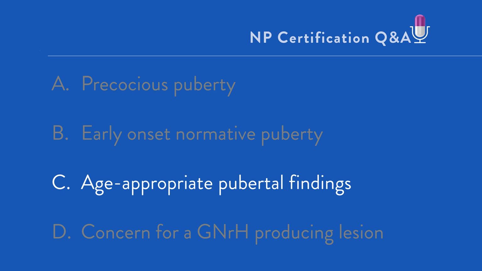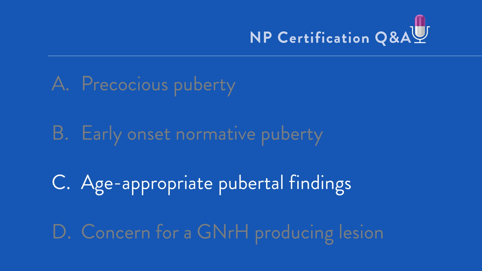Early onset, or precocious puberty, is defined as the onset of the secondary sexual characteristics in females before the 8th birthday. Though there is a trend to state that most who have breast budding between the ages of 7 and 8 have a normative puberty variant.